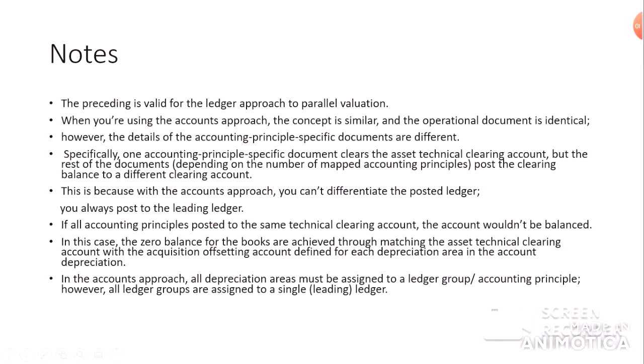In this case, the zero balance for the books is achieved through matching the asset technical clearing account with the acquisition offsetting account defined for each depreciation area in the account depreciation.